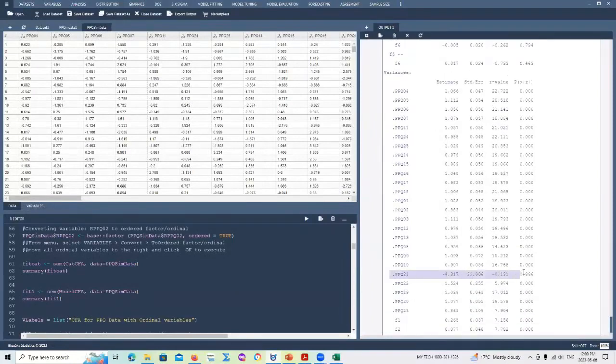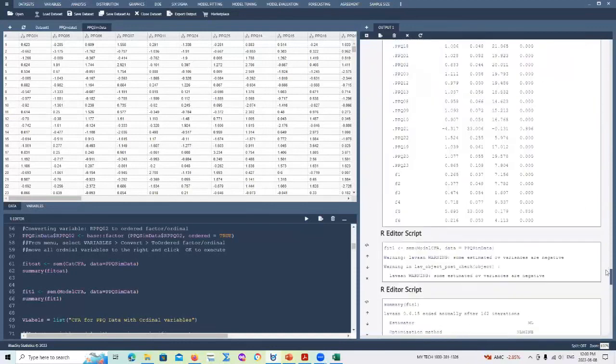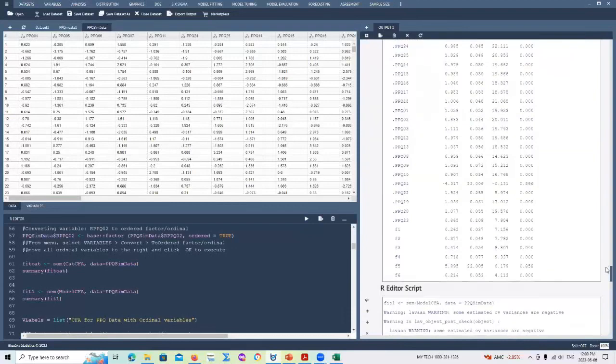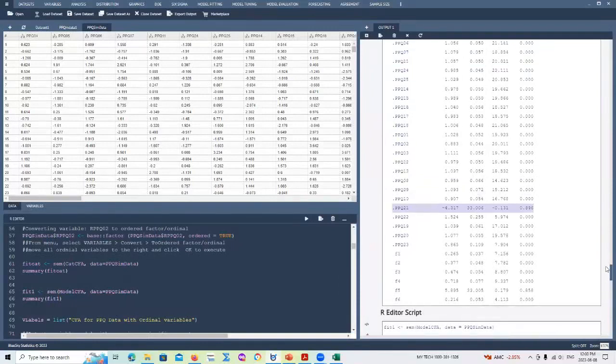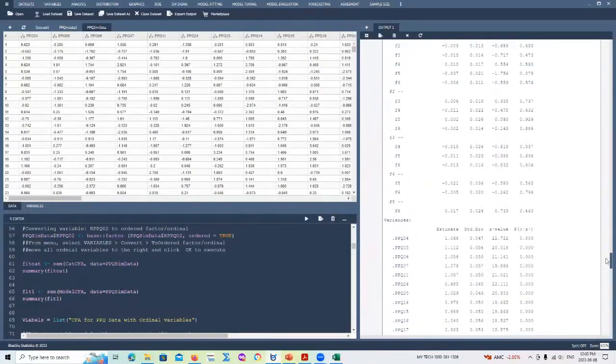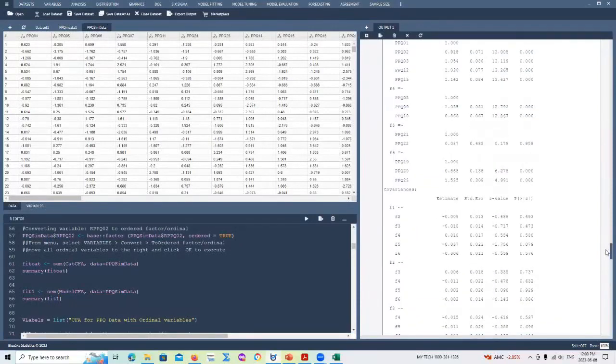This variable here, variable 21, has a negative. Earlier it was the same variable 21. So the data are basically the same, even though I've simulated a new one, the same as the old one in terms of the parameters. So it must be something to do with what Blue Sky is internalizing there.